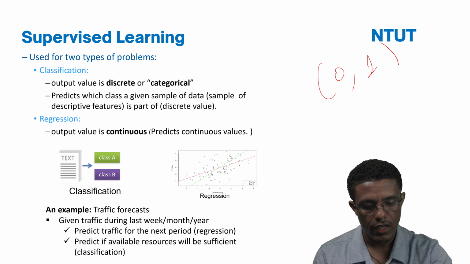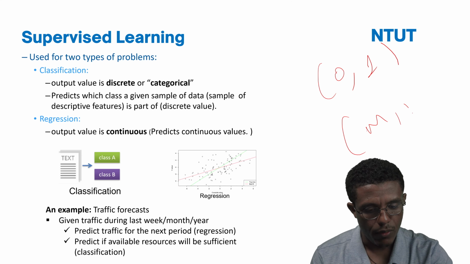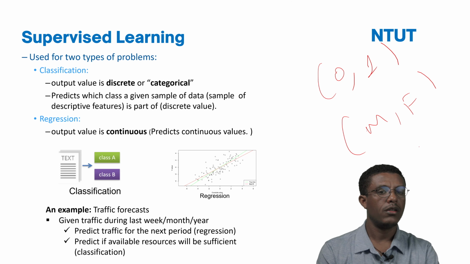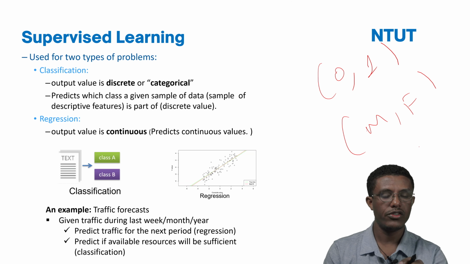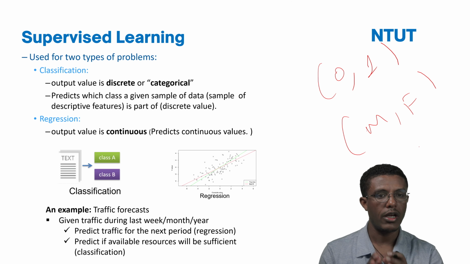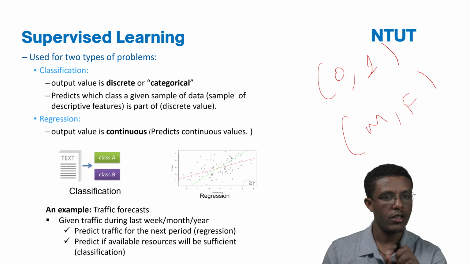Or we can say that the output value may be M or F. So when we say discrete, the value is well known or only a specific number.